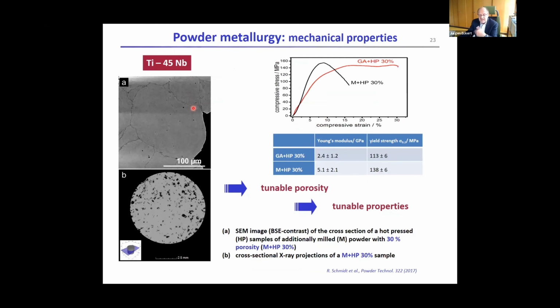And then, of course, the next step is, can we do this and create porous structures? One way of doing this is adjusting, for instance, the sintering parameters and avoid getting a fully dense part at the end by simply adjusting the sintering parameters. The other way would be, for instance, to add some space holder, for instance, sodium chloride, to these powder particles, mix the whole thing, and then consolidate it.